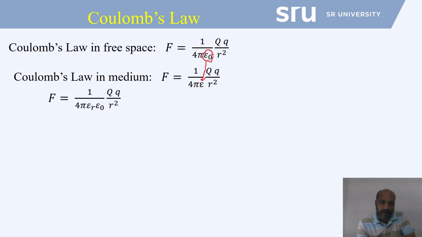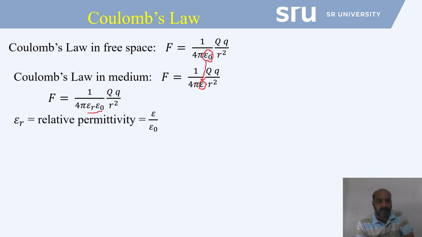If you are interested in writing this in terms of free space, even though the two charges are placed in a medium, then this epsilon is replaced with epsilon r times epsilon naught. This relation comes from the definition: epsilon r is relative permittivity. Relative in the sense that generally we give the value of permittivity relative to free space.